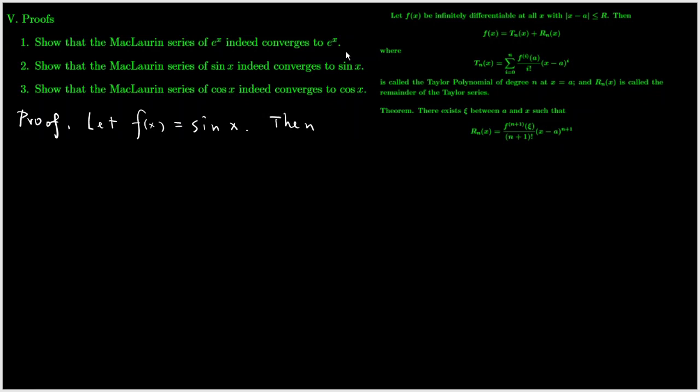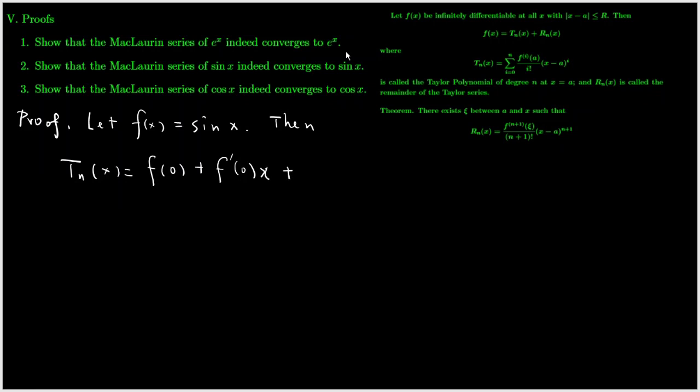We're going to use t sub n of x to denote the Taylor polynomial of degree n at a value of 0. Initial term, the value of the function at 0, and then plus the derivative of the function at 0 times x minus a value is 0, so times x.